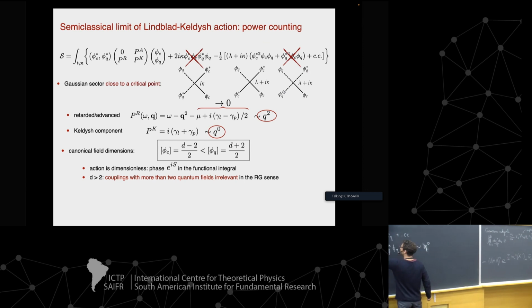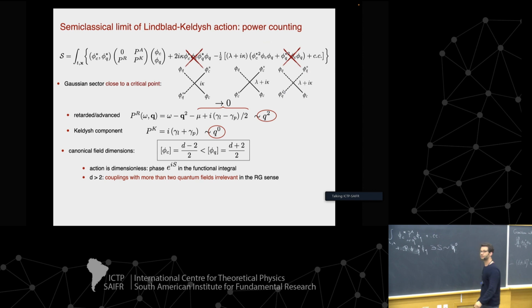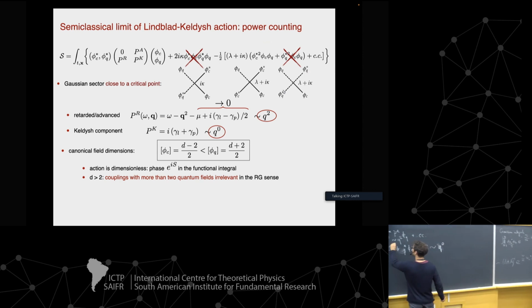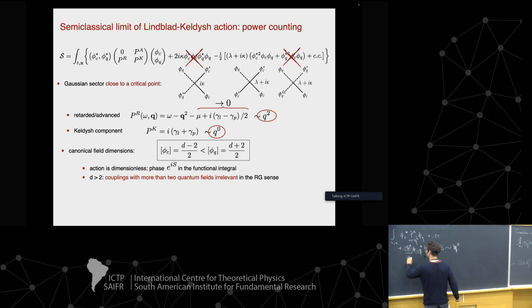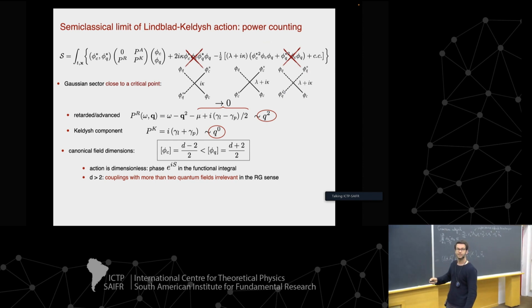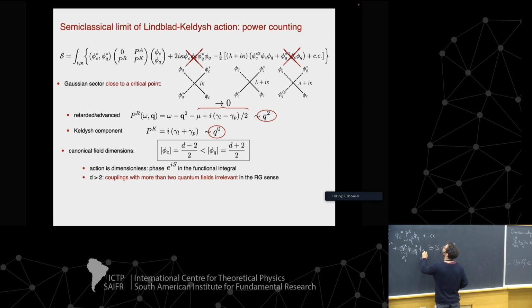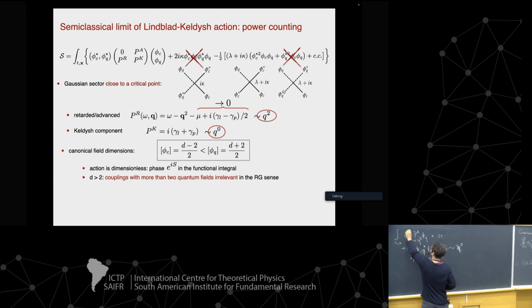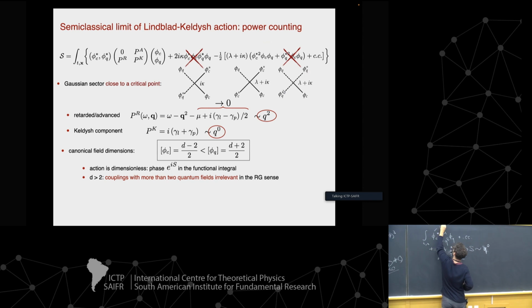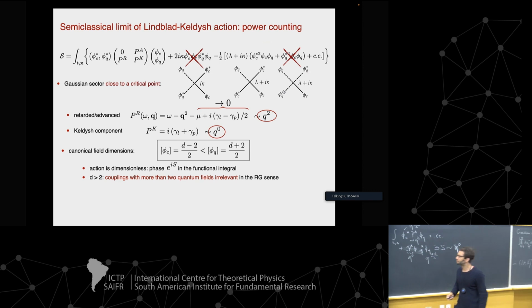This one at the critical point scales like q squared, while the Keldysh component here scales like q to the 0 itself, because it just saturates to a number. And therefore, for the canonical dimensions, we look for the power of this. This will be d plus 2 halves, and this will scale like d minus 2 halves, to make this whole action dimensionless.